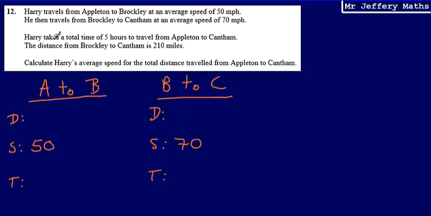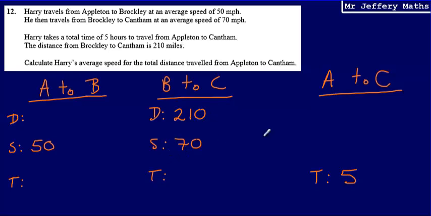I know that Harry's total time of 5 hours was from Appleton to Canton. That's going to be handy, and I'll write this over here in a moment. So A to C, I know that total time was 5 hours. And I also know that the distance from Brockley to Canton, so from B to C, was 210.